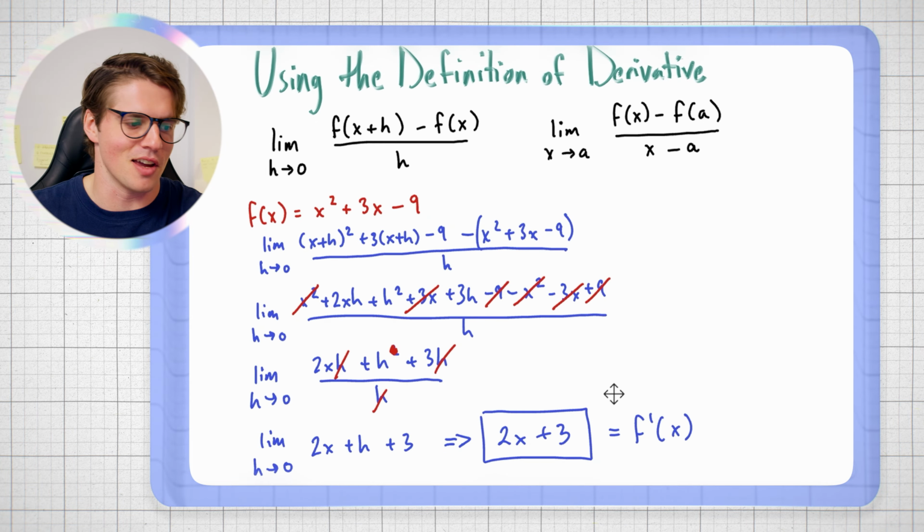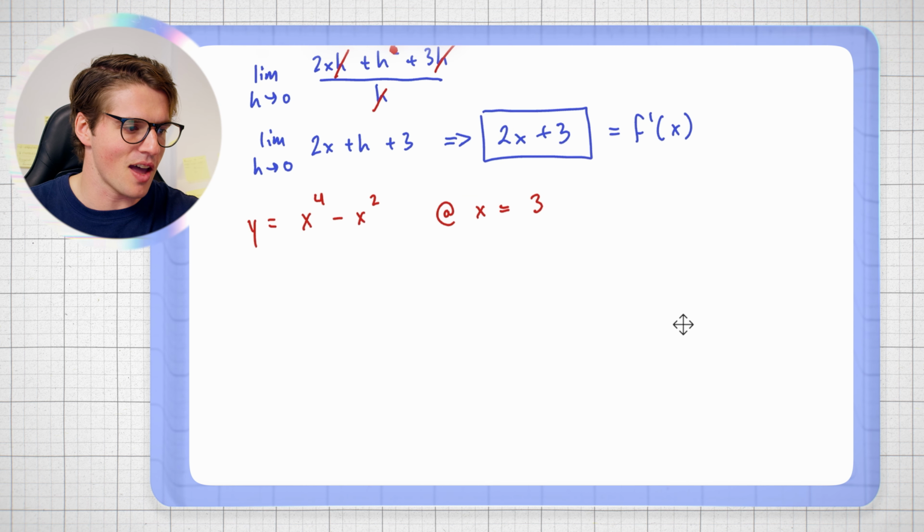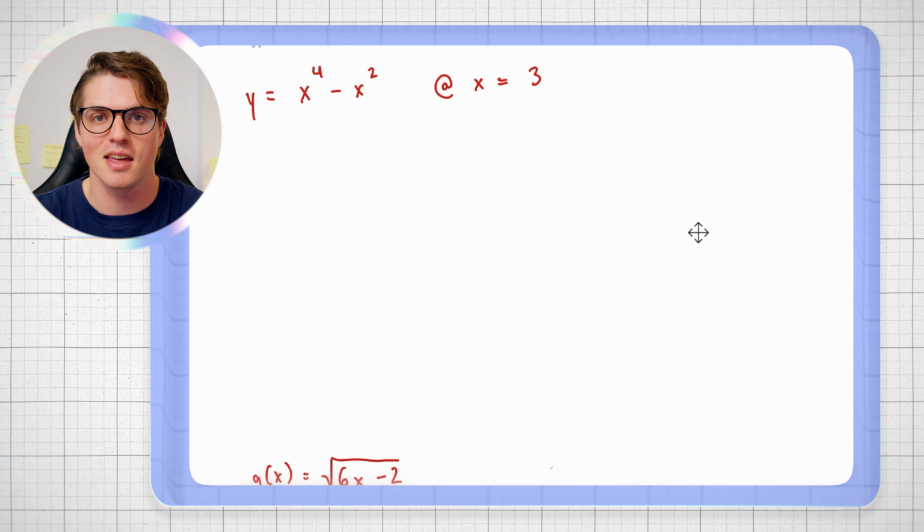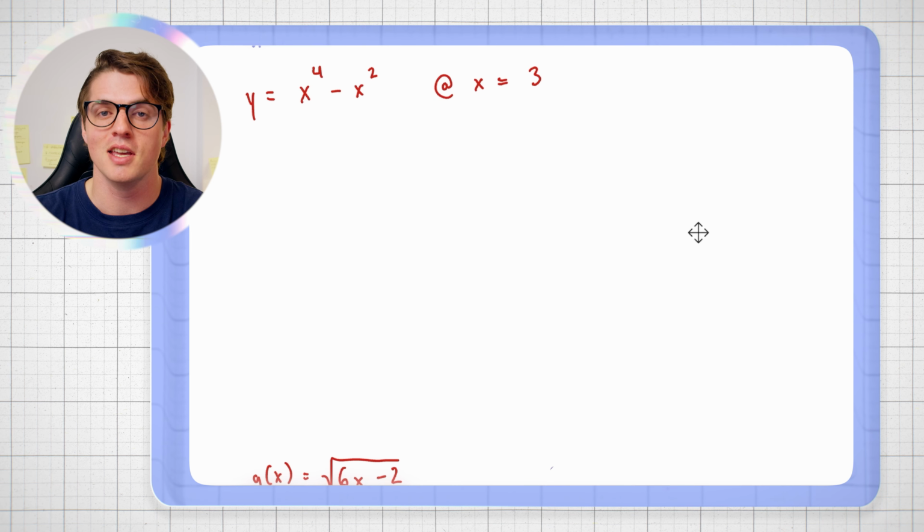So moving on to the next one. We have y equals x to the fourth minus x squared at x equals 3. If you get a problem like this at x equals 3, that means we're going to use the second definition.